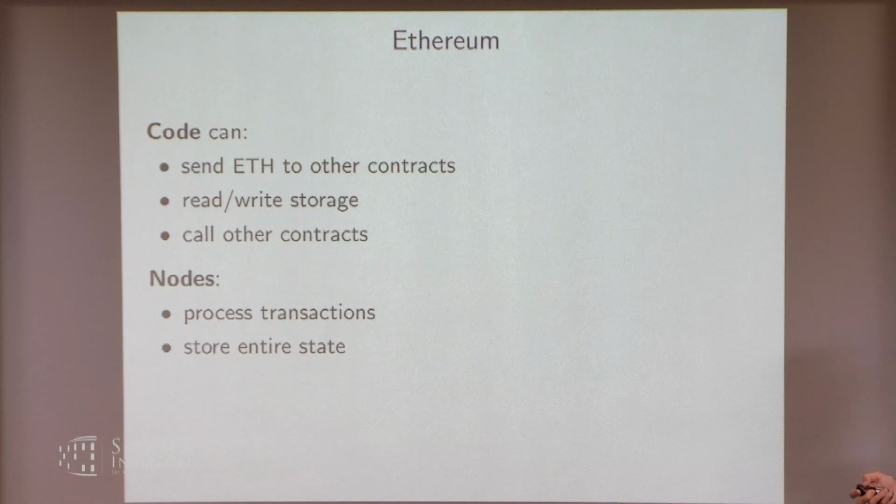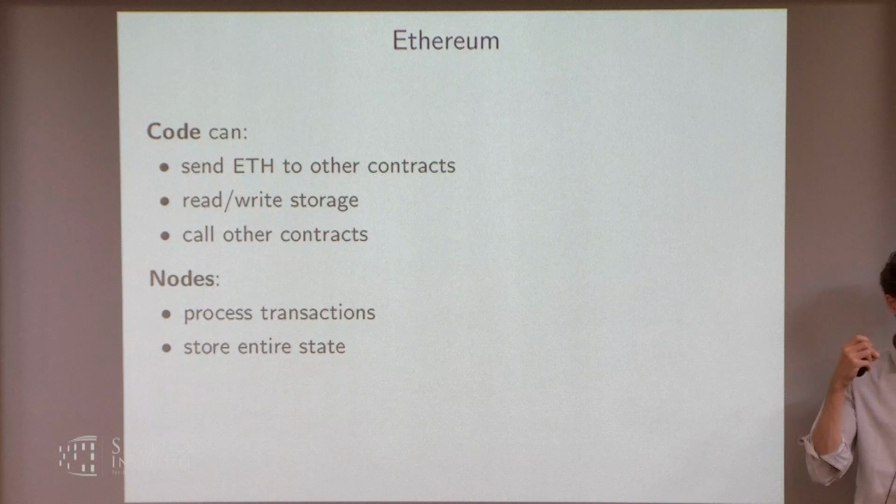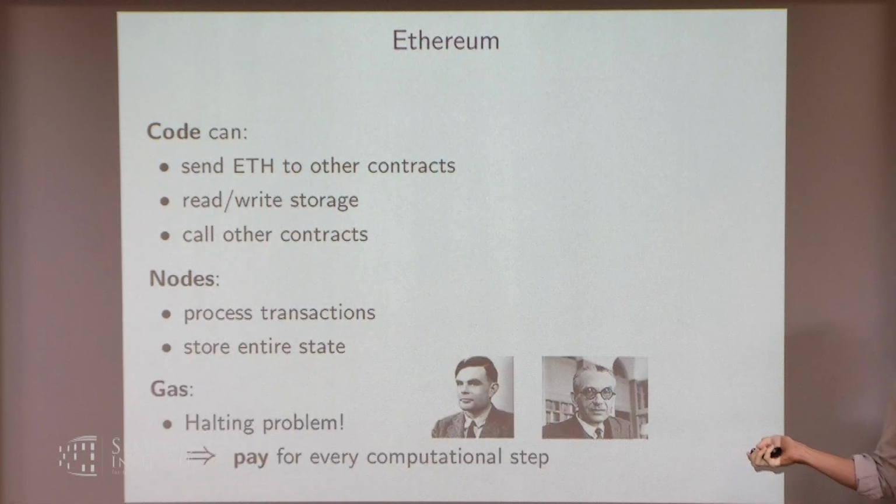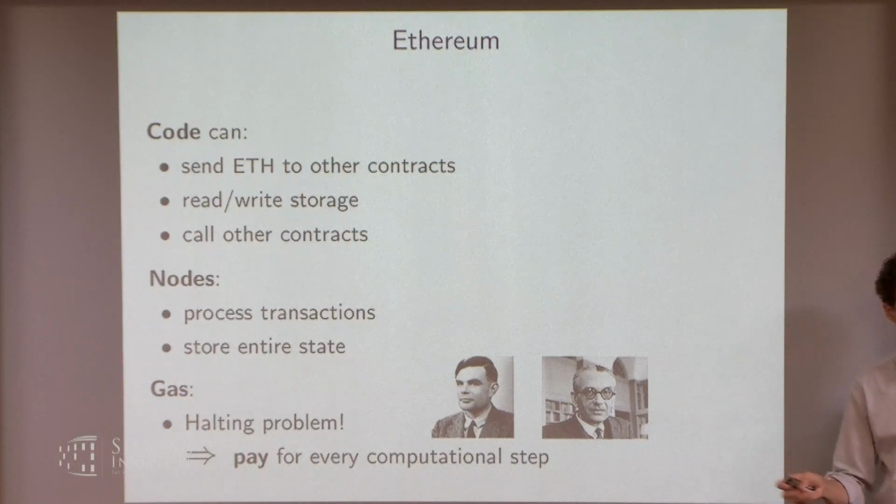And the nodes, now in Bitcoin, these nodes checked whether the signatures were valid. Now they have to actually do whatever the smart contracts tell them the code to execute. So it seems that you get a problem here, because one of the reasons why the Bitcoin scripting language is so simple is because you want to avoid problems with, that go back to Turing, namely that you don't know how long it will take to run the code.